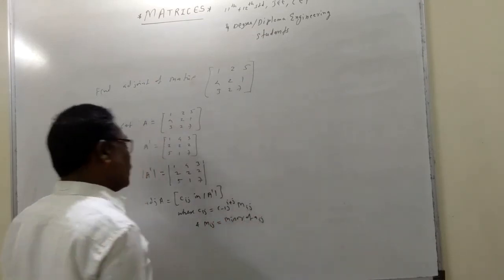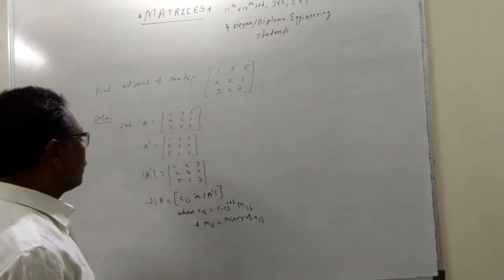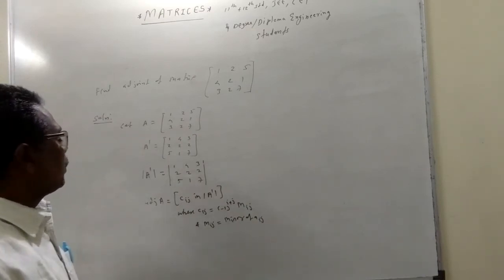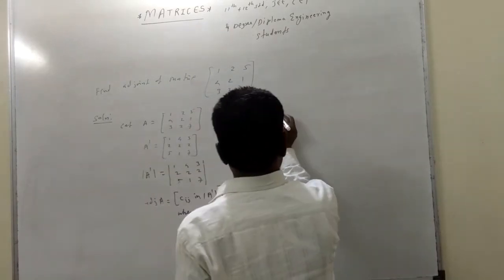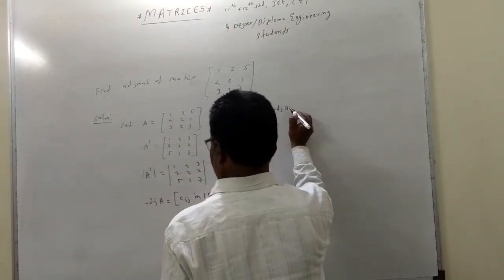So how to find these cofactors and minors? We have already studied in the determinant. The cofactors and minors are defined in the determinant, not in the matrix. So here, adjoint A is equal to.